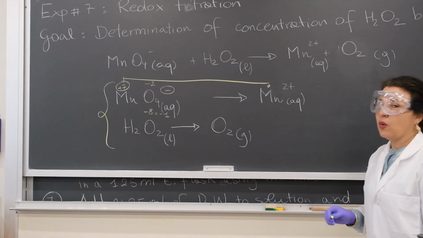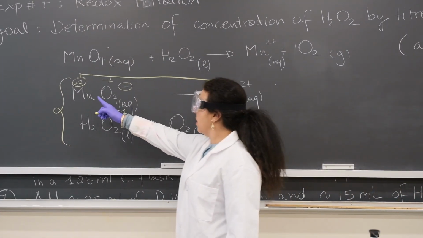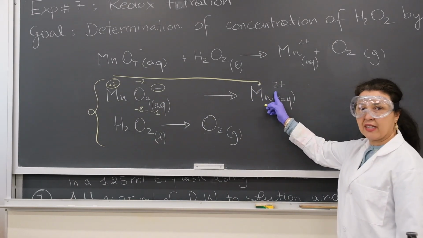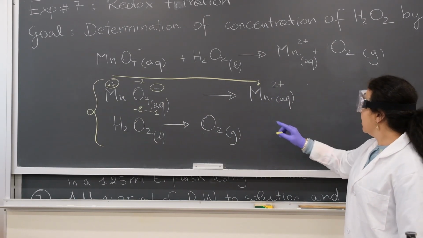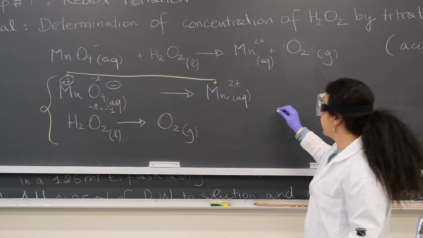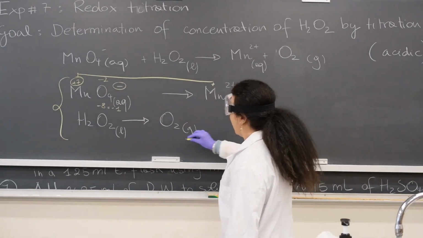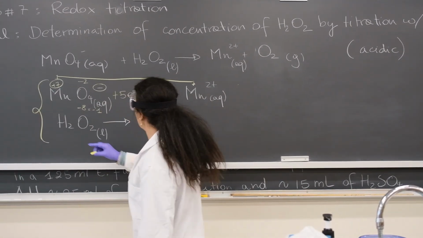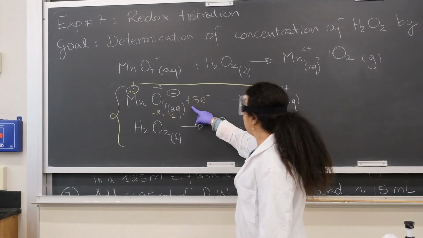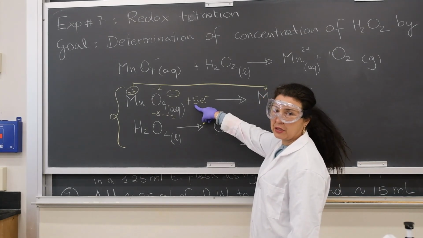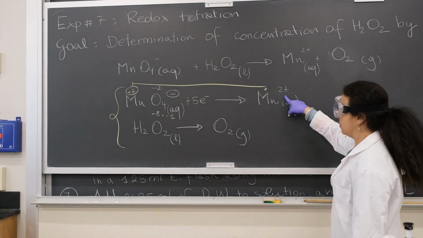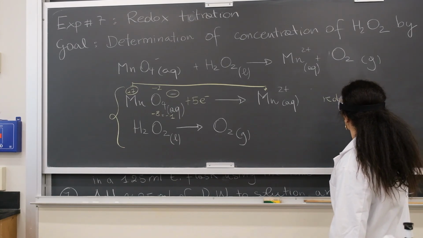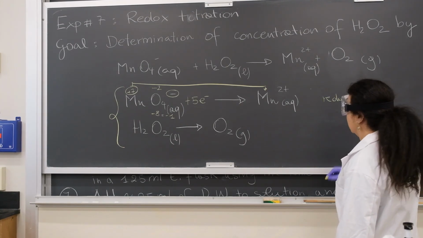And so what is happening? When the oxidation number is decreasing, we have a reduction. So we have 5 electrons here, because +7 - 5, since the electrons are negative, will give +2. So this is the reduction half reaction.